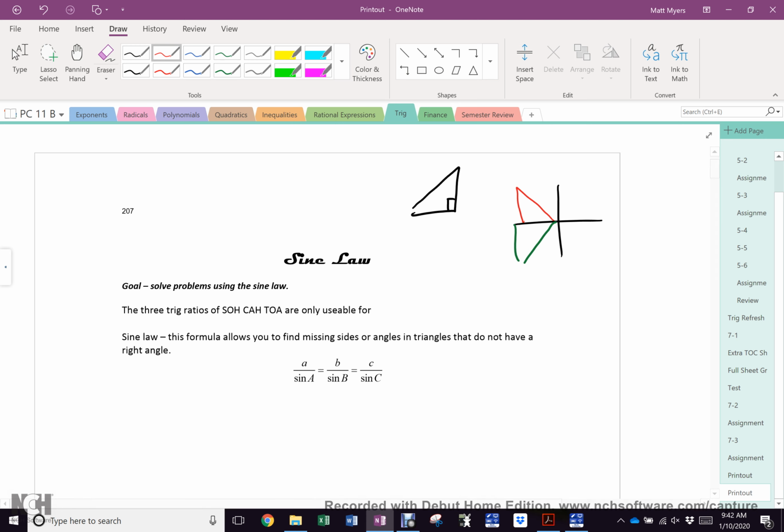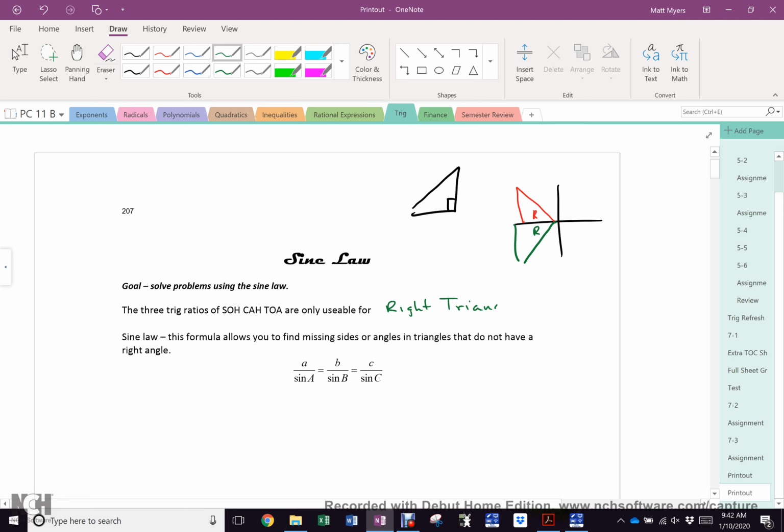But the trig we did was still with the reference angles, which were in triangles inside right angle triangles. Yes? All right. So, trig ratios are only usable for right triangles.